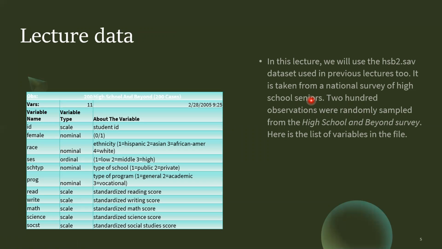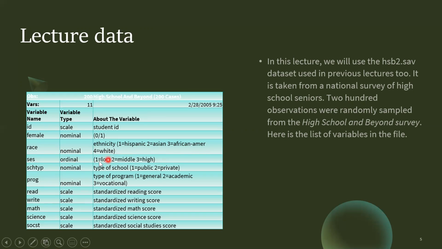So we are working with the lecture data, which is the HSB data. It has 10 variables, 5 categorical and 5 continuous. We have female with two categories, male and female, race with four categories: Hispanic, Asian, African American, and white.